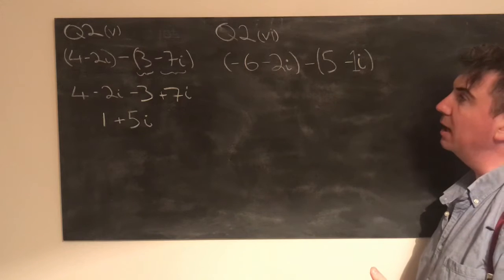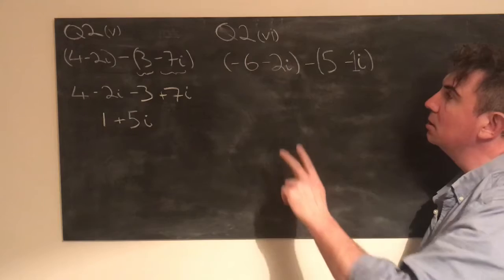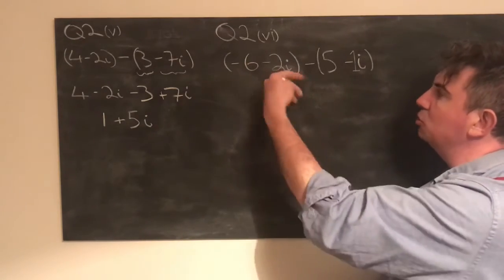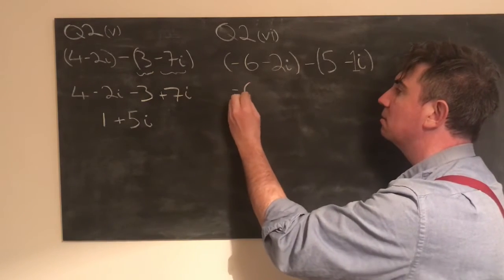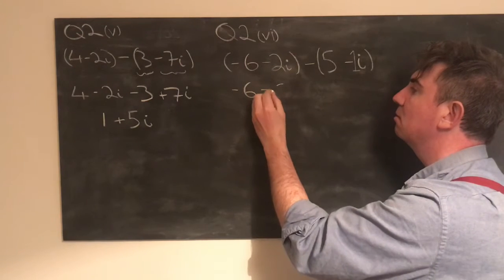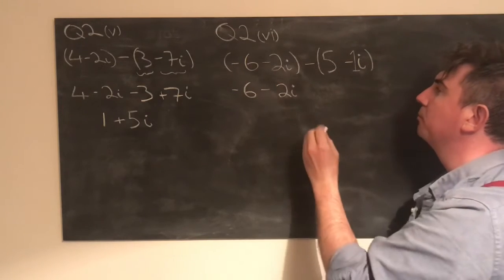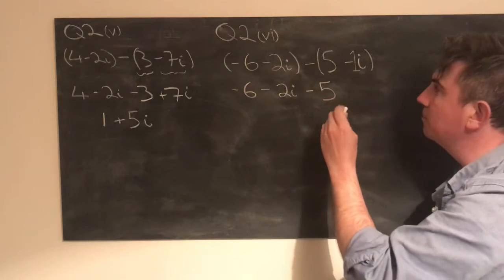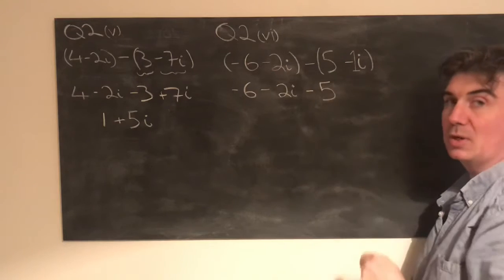So I can now do my usual process on this. So let's take the extra step. Let's do this step again. We could jump straight to the answer, but let's take the extra step. So I have minus 6, minus 5, minus 2i. Then I have minus 5. Now, I'm taking minus 1i. So what's that? That's the same thing.